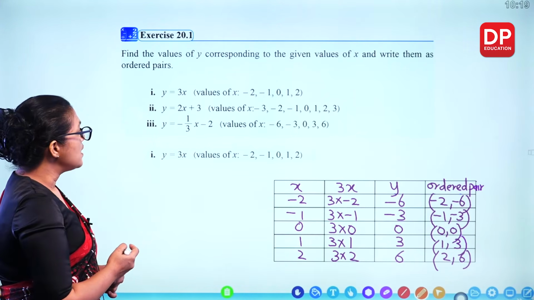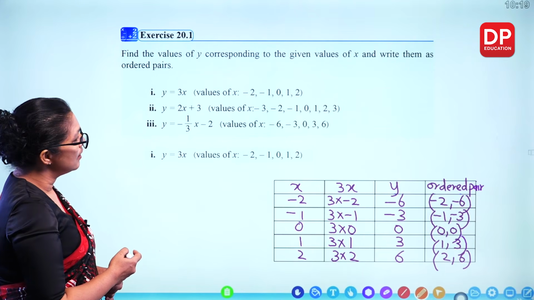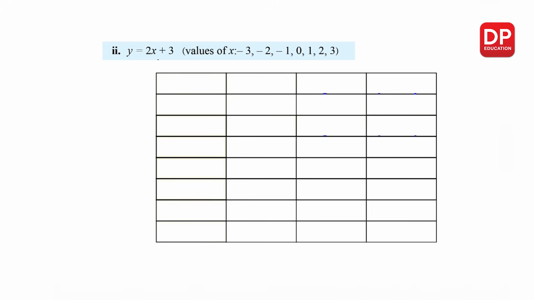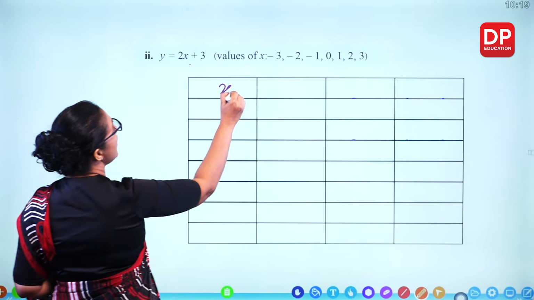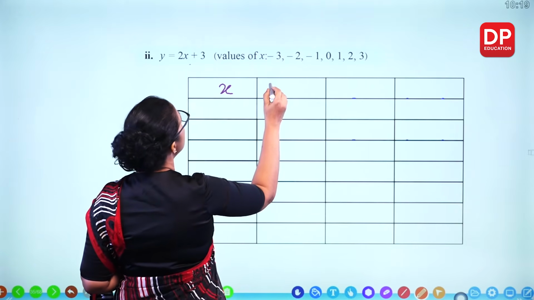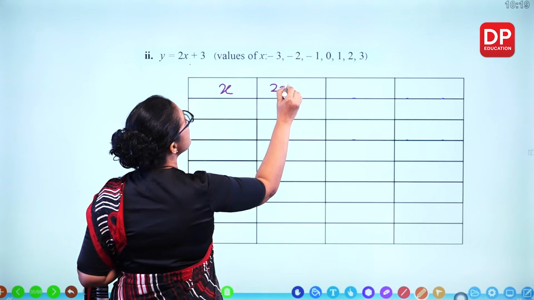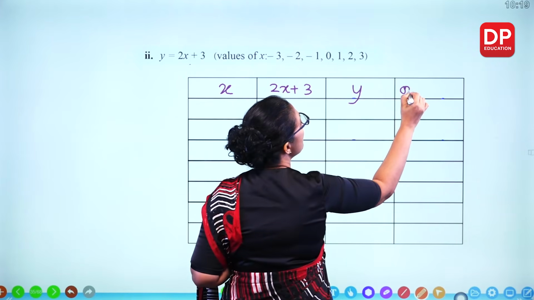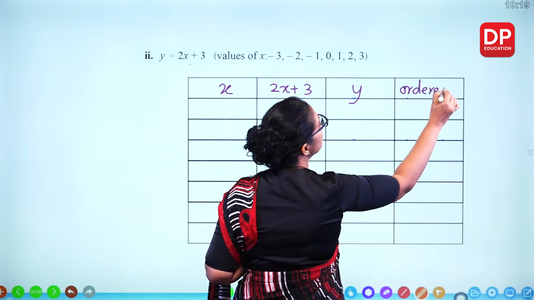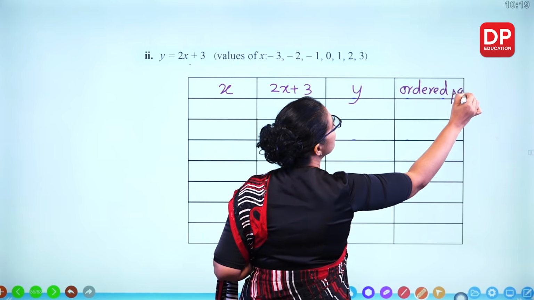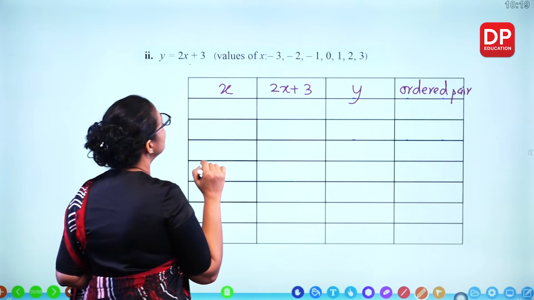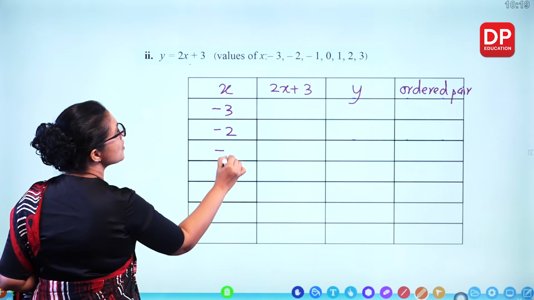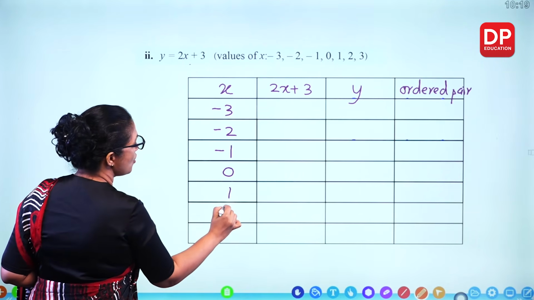equation y equals 3x. Now we'll take the next one, y equals 2x plus 3. For x, you need 2x plus 3, then y and the ordered pair. x is minus 3, minus 2, minus 1, 0, 1, 2, 3.